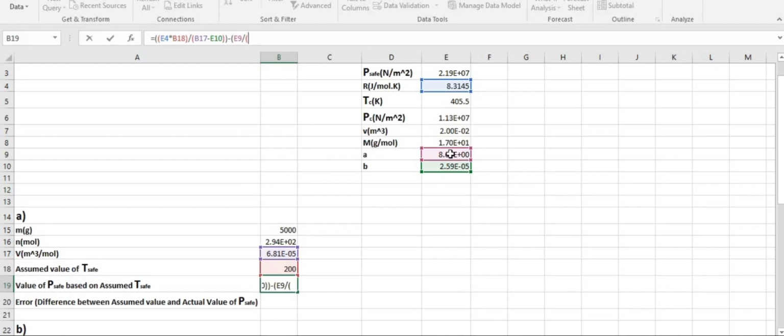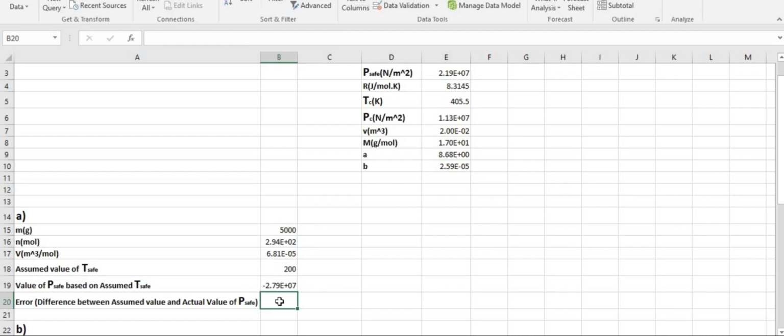So your denominator has T raised to the power of 0.5, multiplied by V, that's this V, then multiplied by this other bracket in which there's V plus b. Then you close this first bracket for V plus b, close the bracket for the denominator, and then close the bracket for everything. Enter.